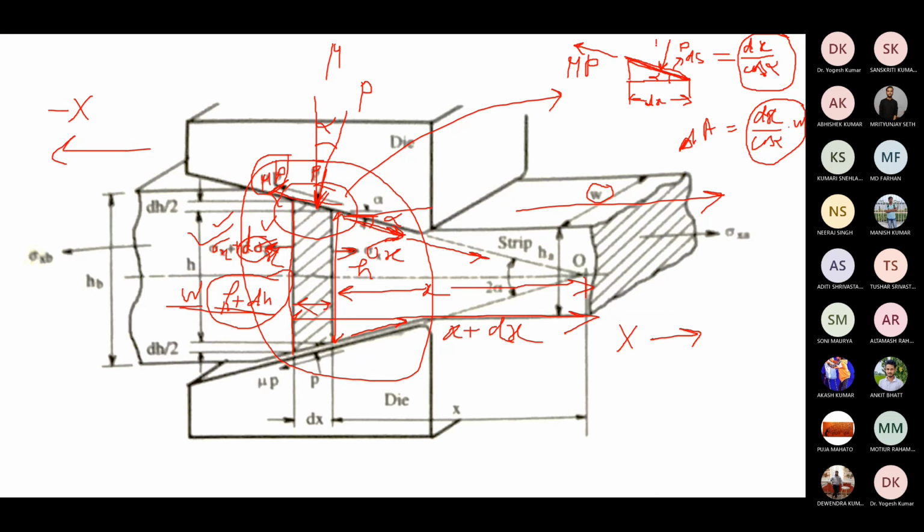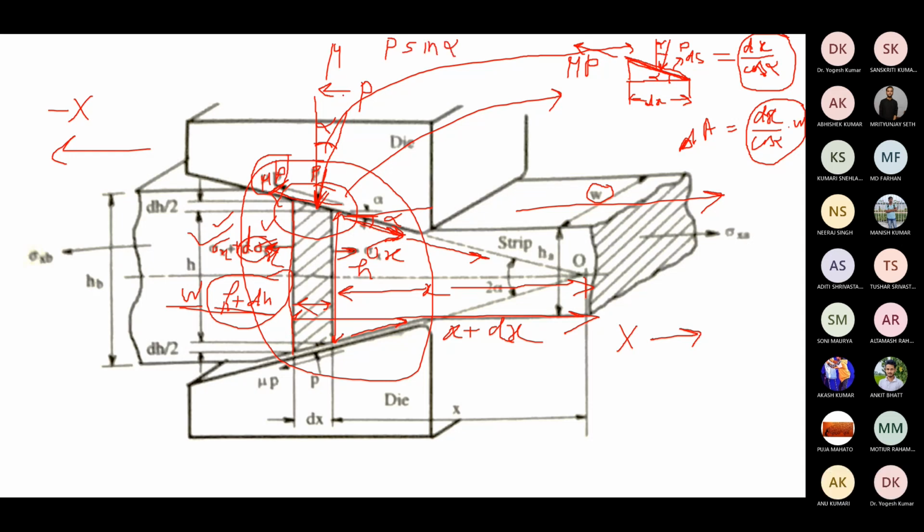Now what you have to do, this angle will be alpha because this angle is alpha. We have taken this portion here. So if you want to take the component of this force P in the x direction, what will be the component? This will be P sine alpha. Am I correct?